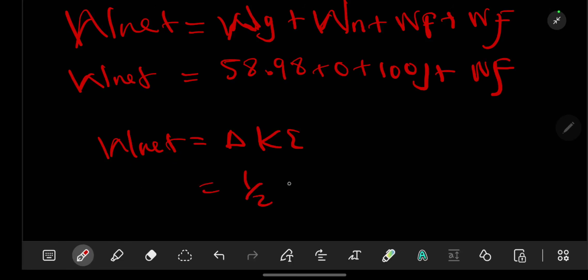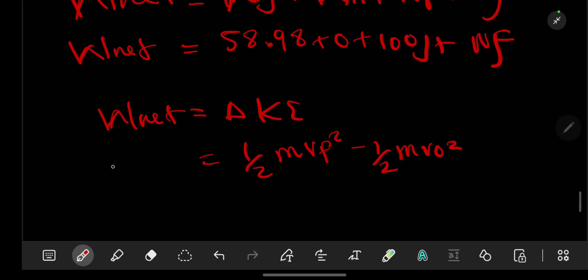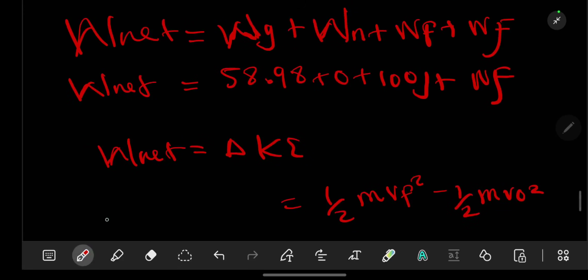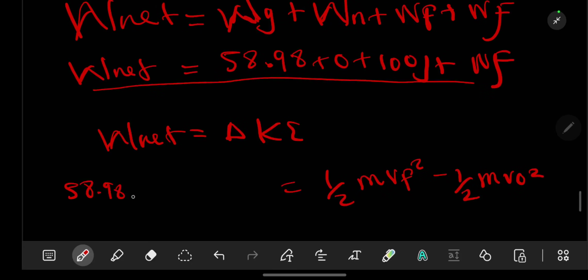So we are going to have the net work done equal to half the mass times the final velocity squared minus half the mass times the initial velocity squared. Then we are going to replace what is our net work done. The net work done in this case is 58.98 joules plus 100 joules plus our work done by the frictional force.